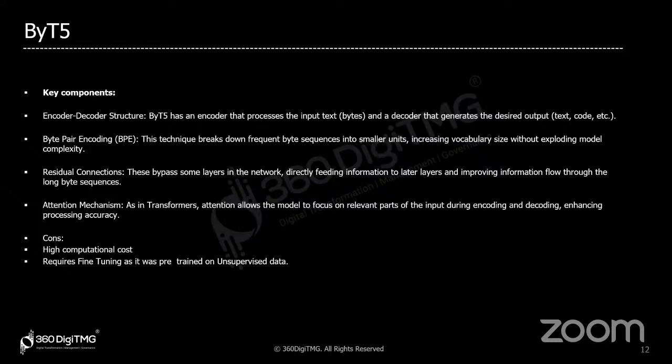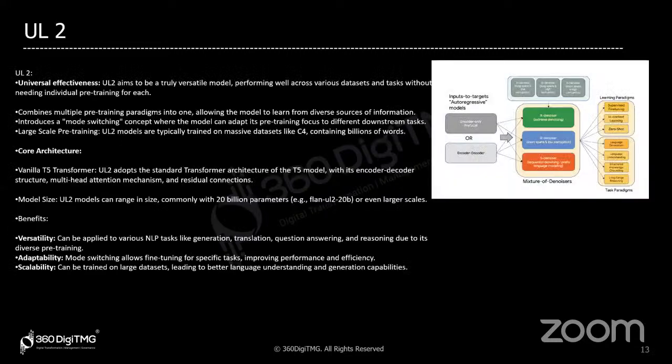The modifications to the transformer architecture, including byte pair encoding and residual connections, enable efficient learning and processing of long byte sequences, making ByT5 a versatile and effective model for multilingual and noisy text tasks. So this is all about ByT5.